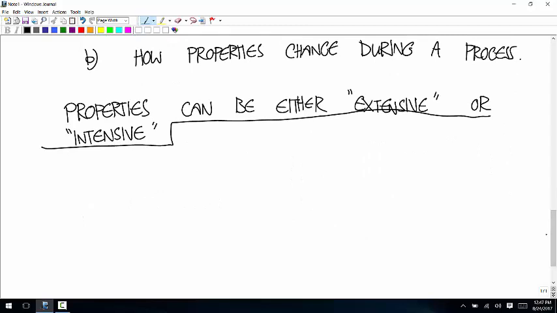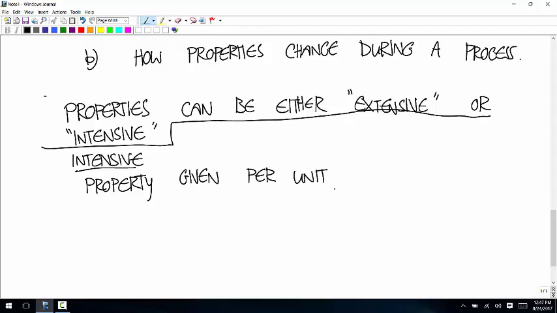An intensive, yeah, so let's do intensive first. So an intensive property is a property that's given on a per unit basis and it has a definition at a single point.